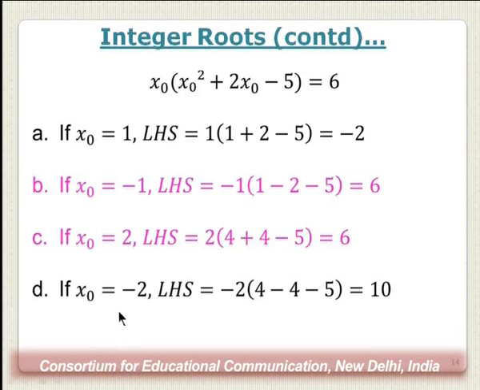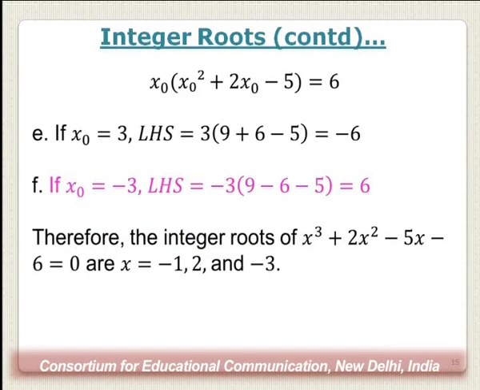Now let's put x naught equal to minus 2. That's also a possible integer root, but the problem here is that once we substitute minus 2, our left hand side becomes minus 2 times (4 plus 2 times minus 2, which is minus 4, minus 5), which is going to be plus 10. What happens if we substitute x naught equal to 3?